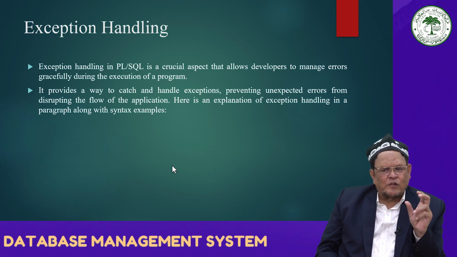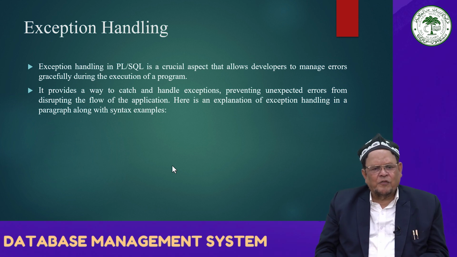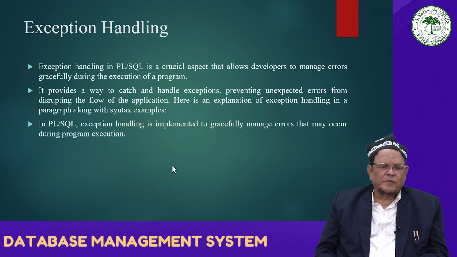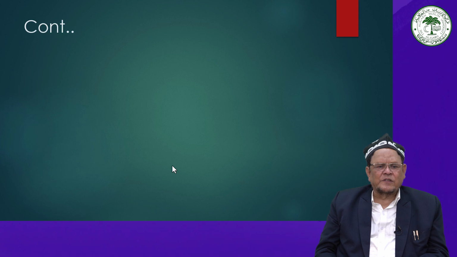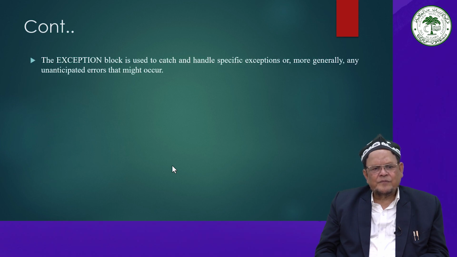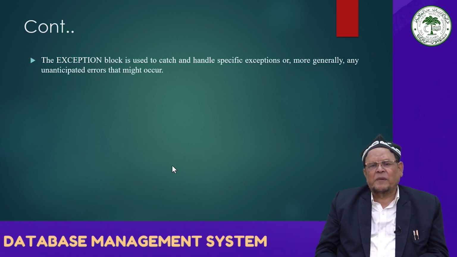Here is the explanation of exception handling in a paragraph along with the syntax. In PL/SQL, exception handling is implemented to gracefully manage errors that may occur during program execution. The exception block is used to catch and handle specific exceptions or, more generally, any unanticipated error that might occur.